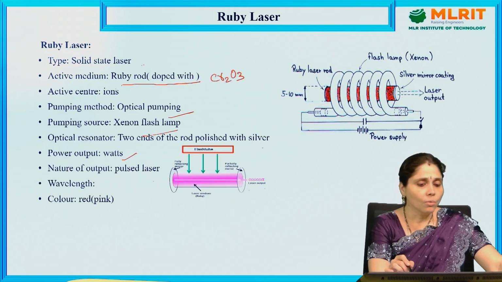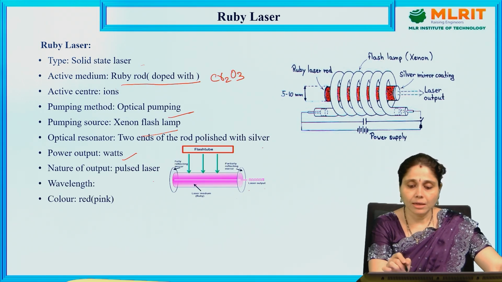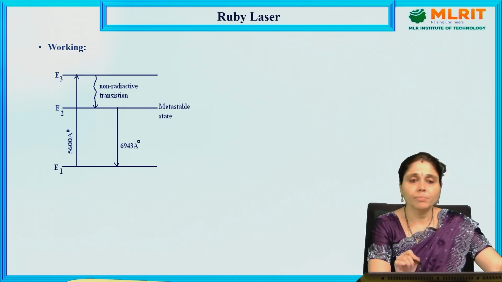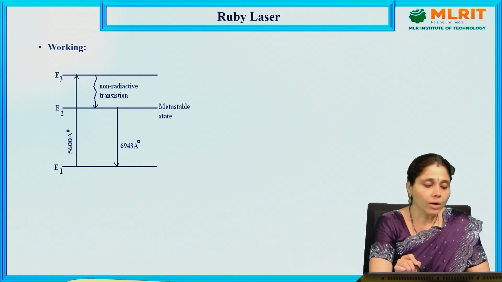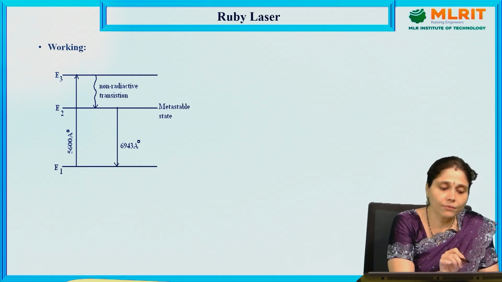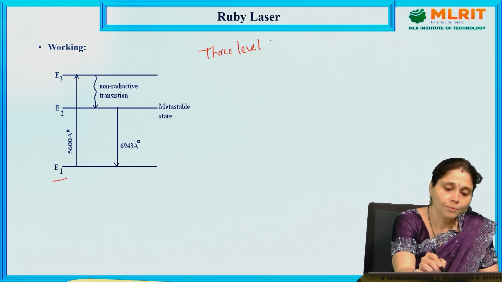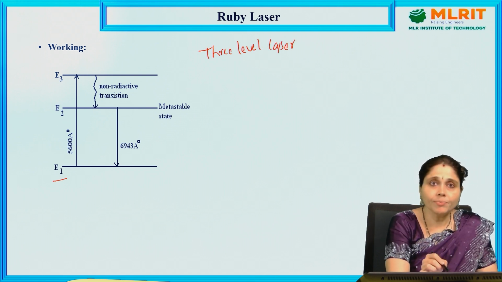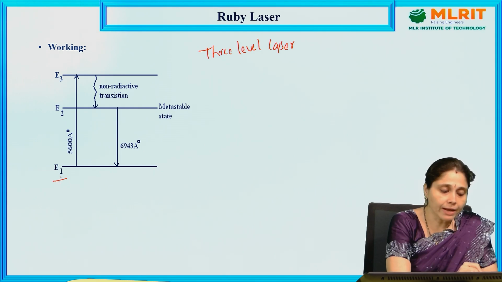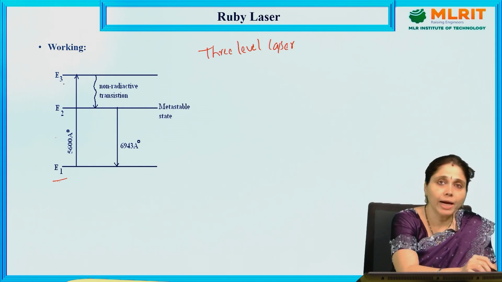Now, what happens here in this Ruby laser? This is the working principle. So, what are we going to provide here? From this working only we can see what we have seen here. Here this is a 3-level laser system where we have 3 levels, energy levels E1, E2 and E3.